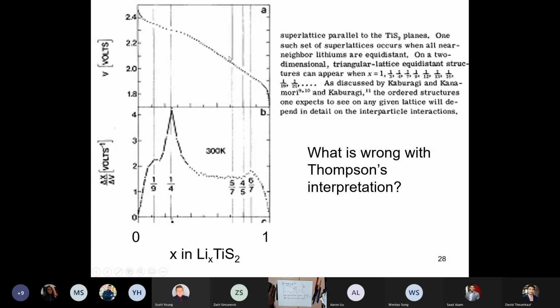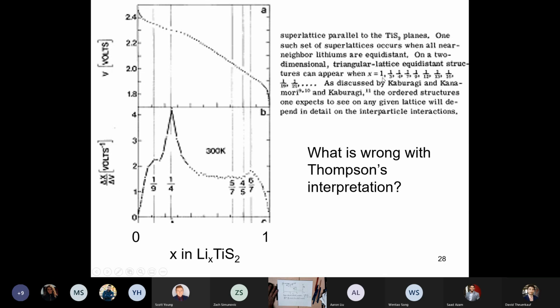So here we go. He says, one set of such super lattices occurs when all near neighbor lithiums are equidistant. On a two-dimensional triangular lattice, equidistant structures can appear when x equals 1.